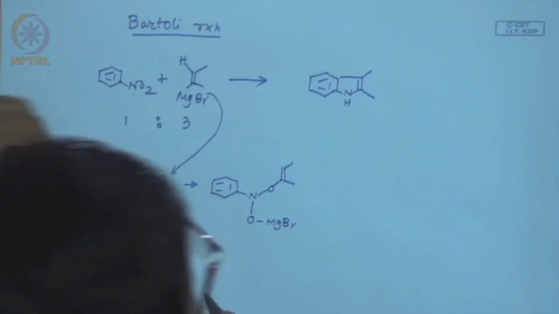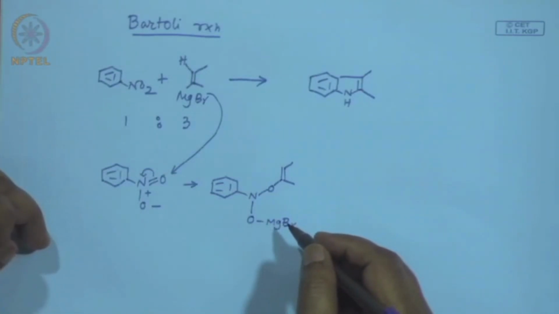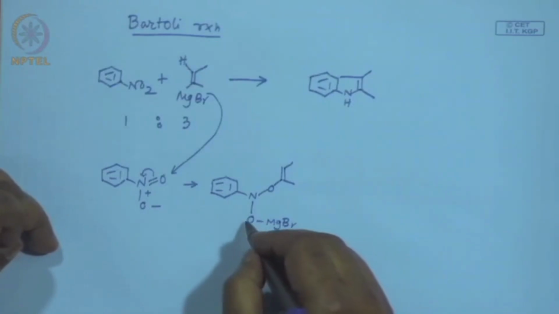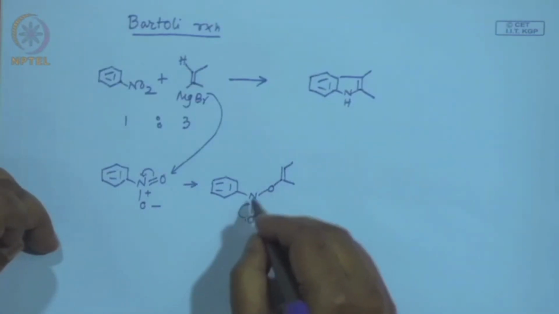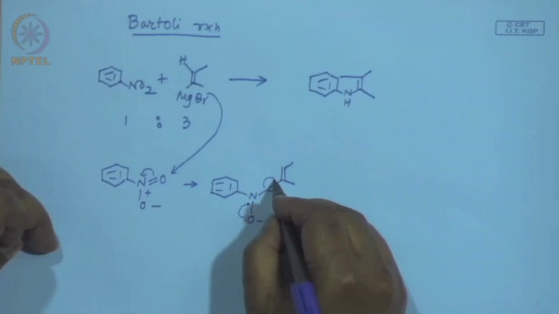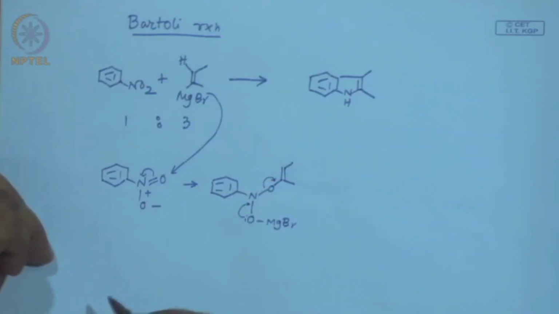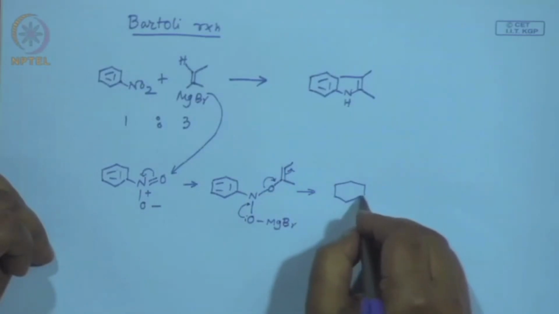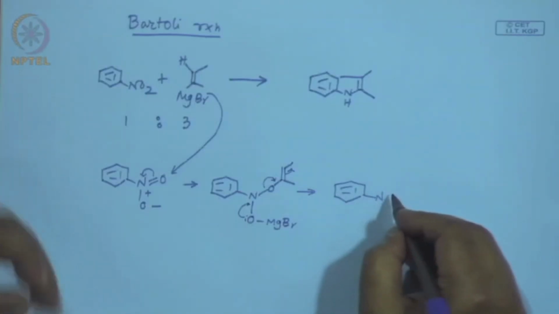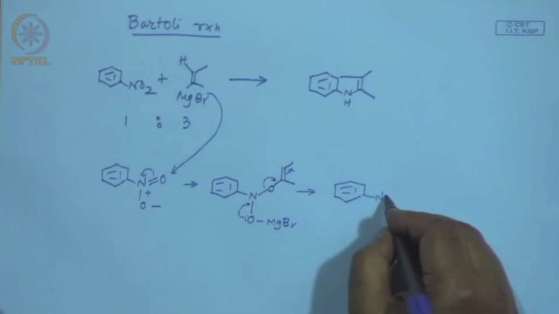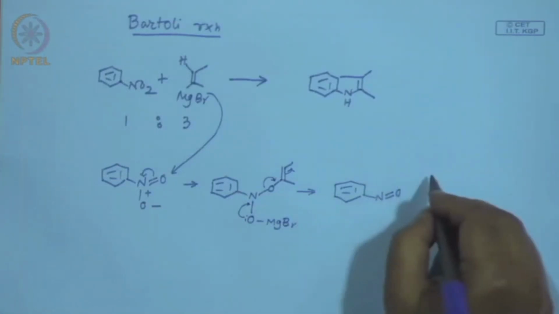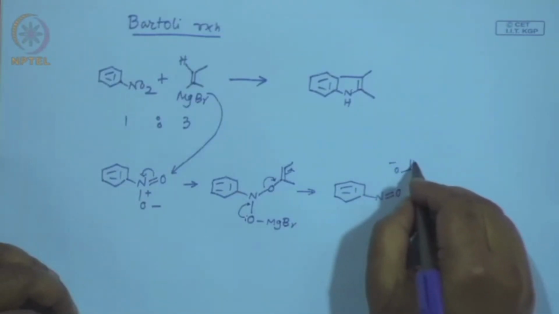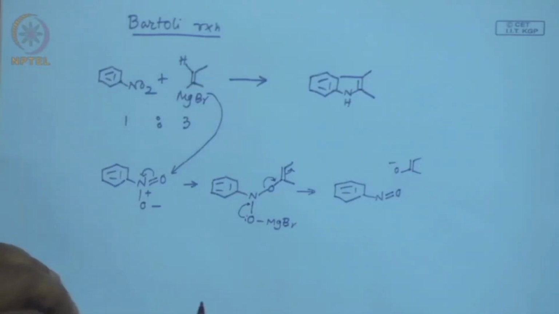Then what? Then this oxygen is picked up by the vinyl Grignard, or rather the vinyl portion, and what you will find is a nitroso compound, and the other portion comes out as an enolate, oxygen minus.